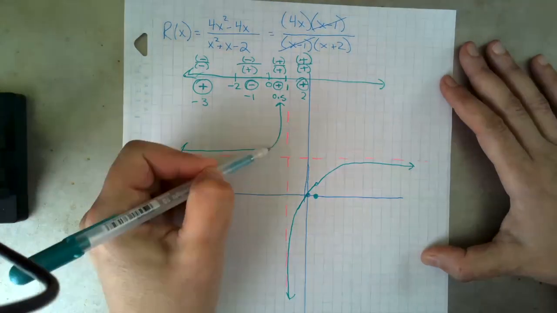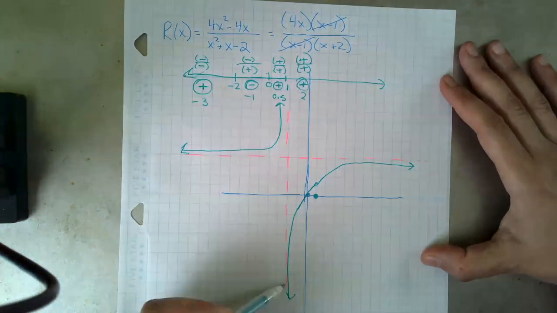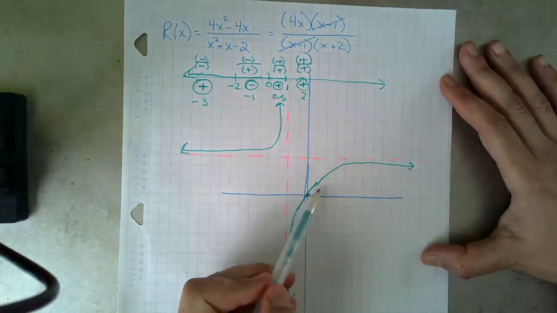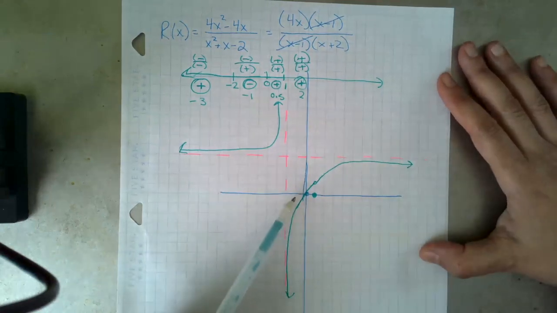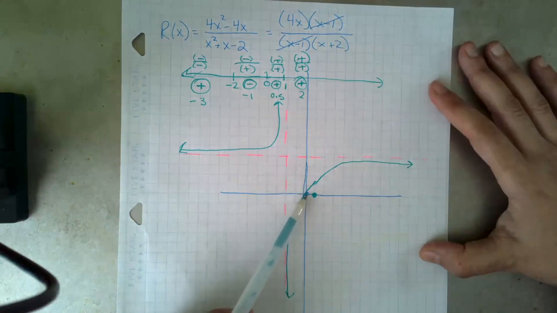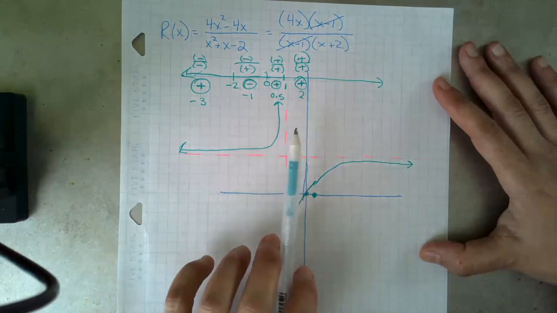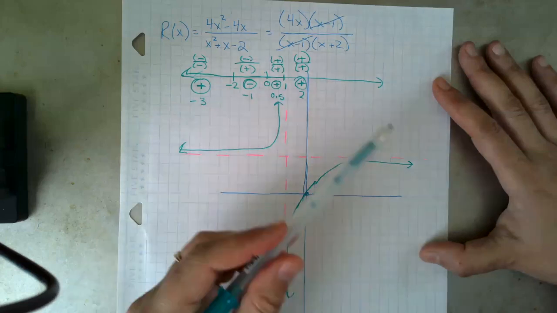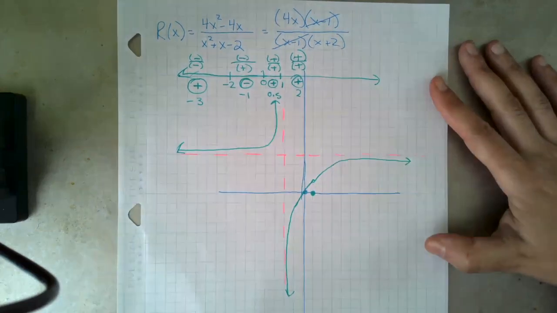So this would go on to infinity, this would go down to infinity, this would continue on to infinity. We've got our hole there. All right, we have our x-intercept, which is also our y-intercept. We have our hole. We have our vertical asymptote, our horizontal asymptote, our sign test, and our sketch.